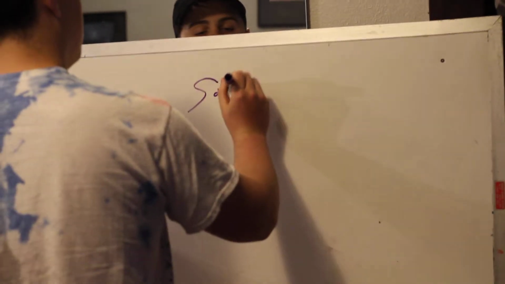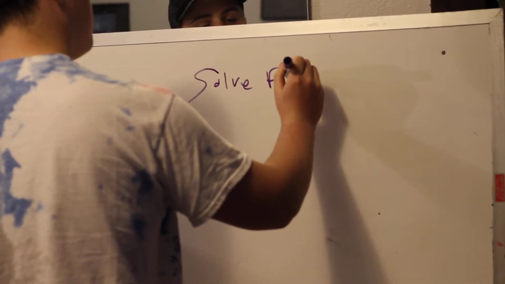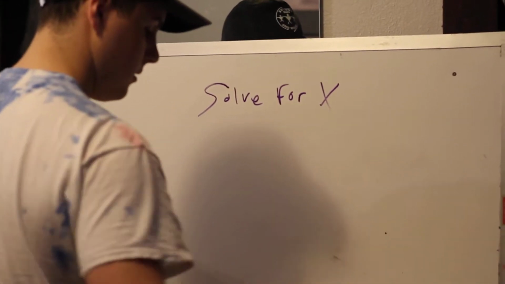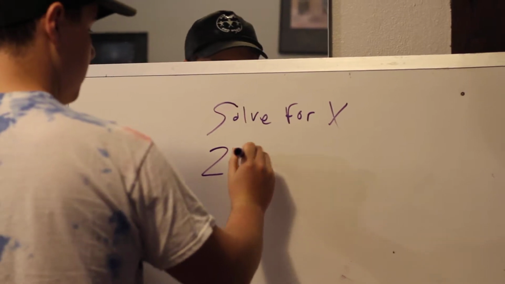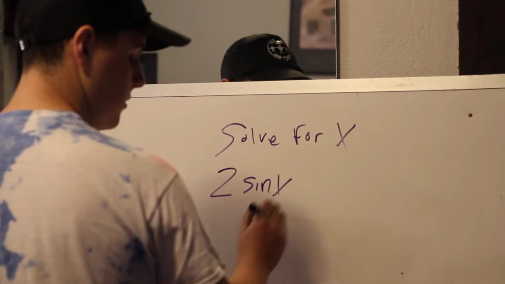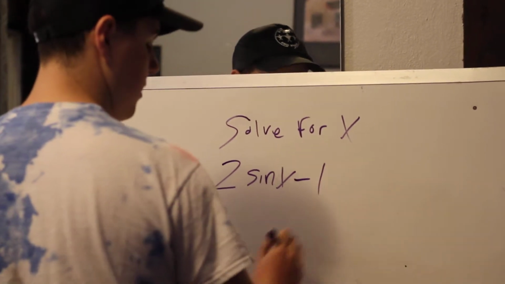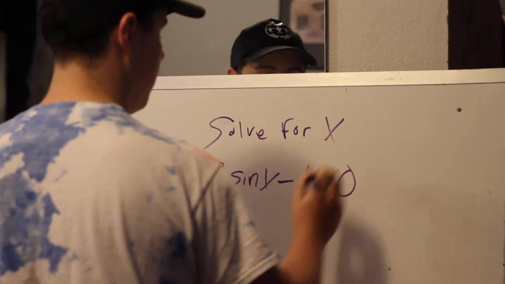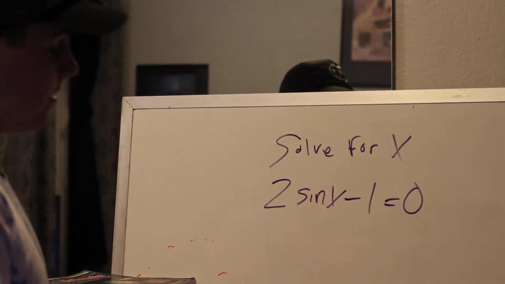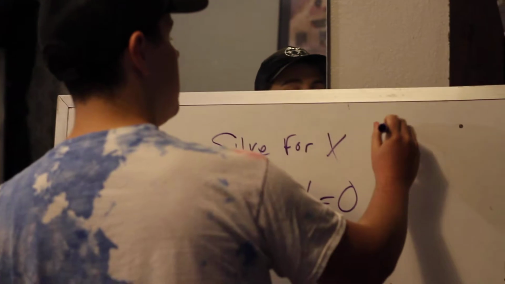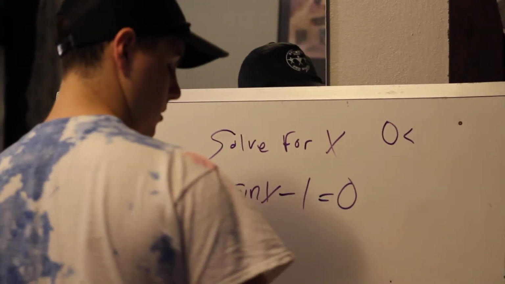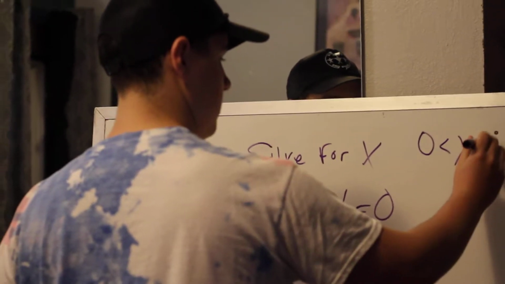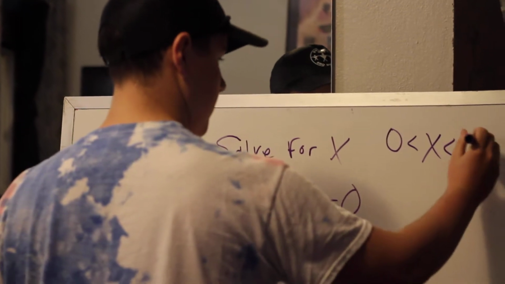Example number 1. Solve for x: 2 sine x minus 1 equals 0. Our domain in this problem is going to be 0 to pi.